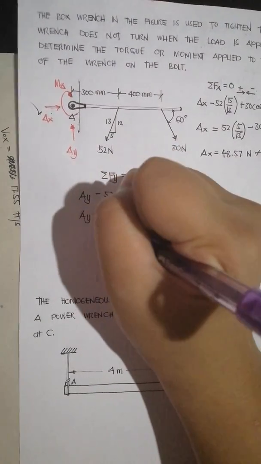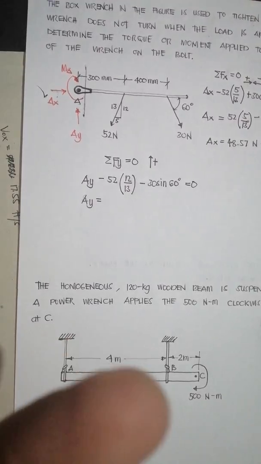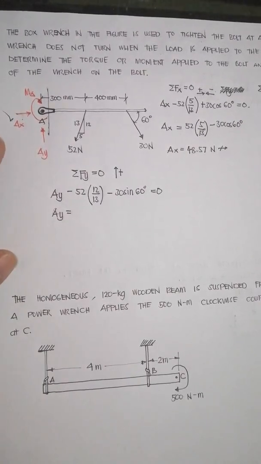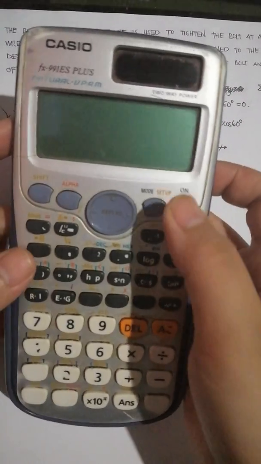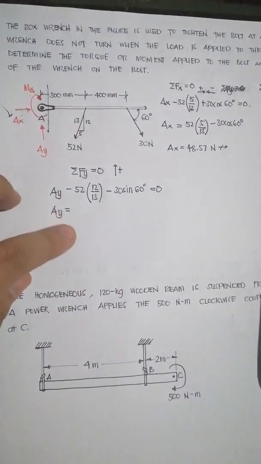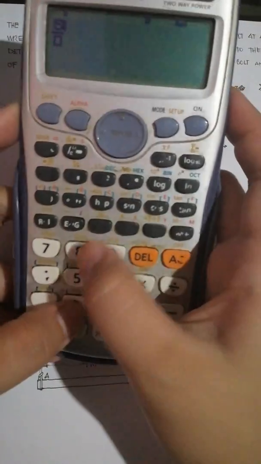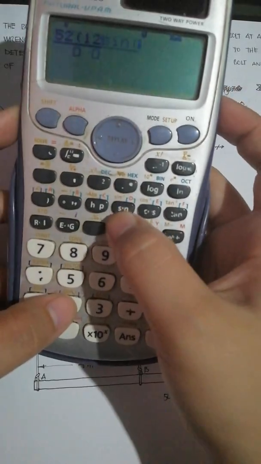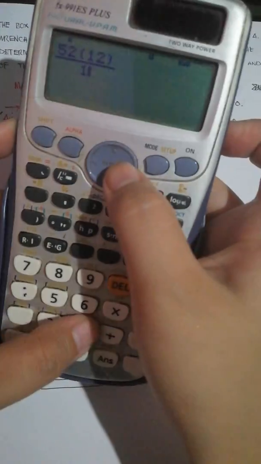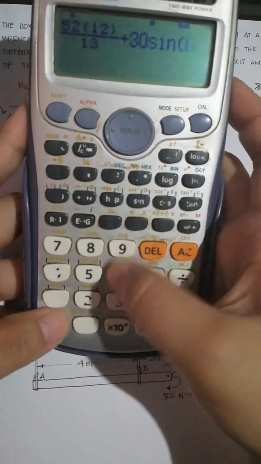So Ay is equal to 52 times 12 over 13 plus 30 sine 60.